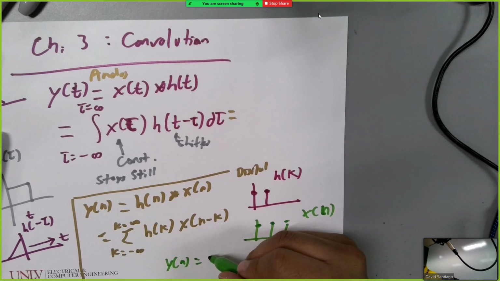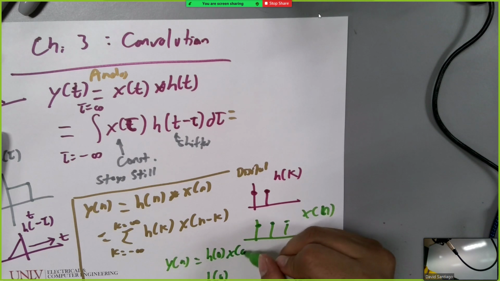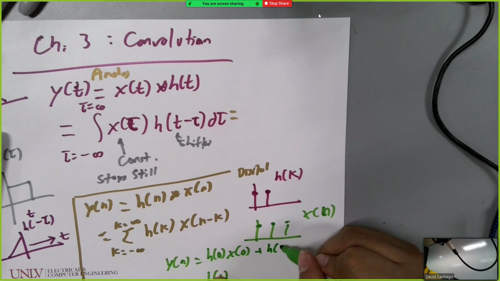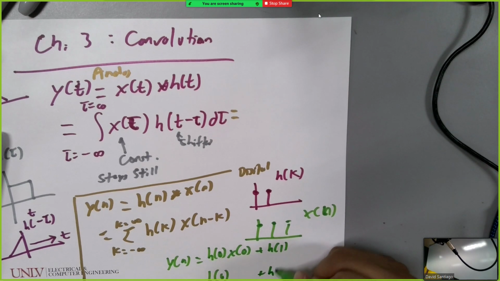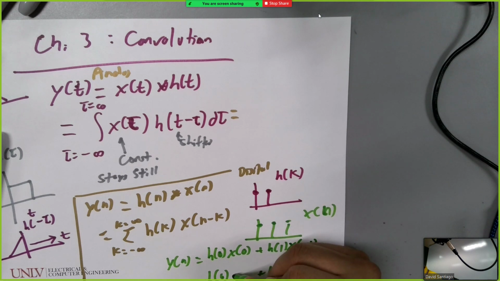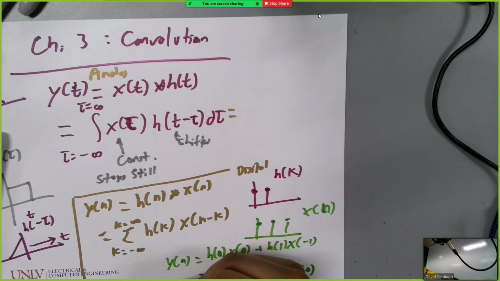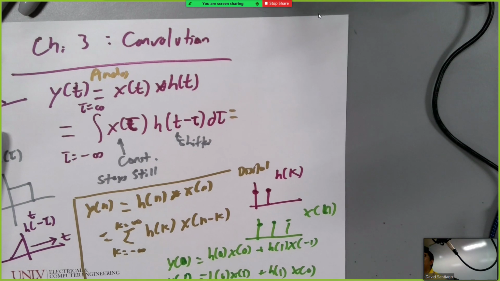It was like, here's h of 0, and then this was x of 0 plus h of 1, and then this was x of minus 1, and then this one here is x of 1, x of 0. Remember that cool stuff I showed everyone? y of 0, y of 1. Remember that cool trick?